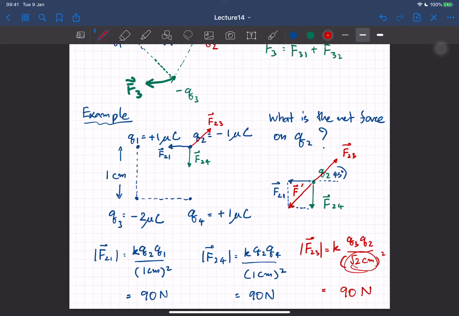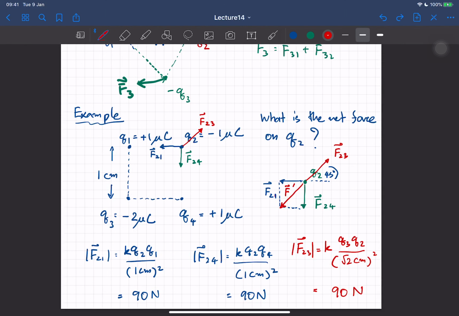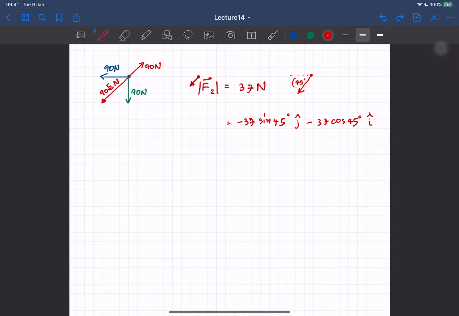And then different charges, that should be obvious. In the end, you just need to add everything together. That's what I did here, and adding this force and this force together gives you the resulting force to be that one.